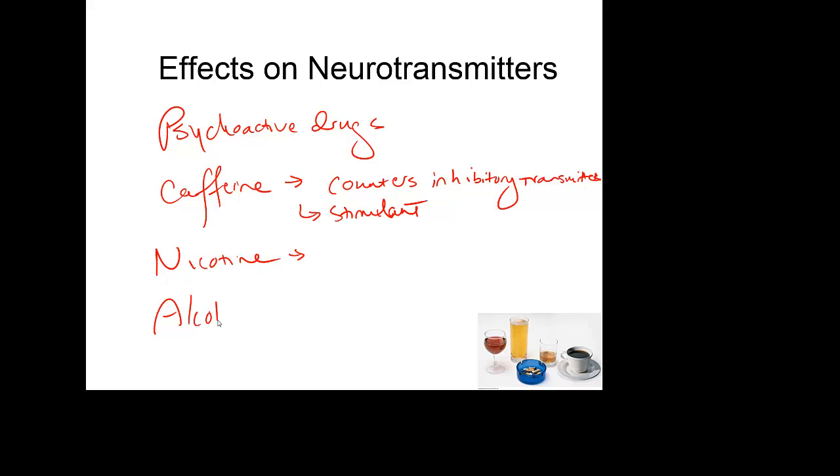Alcohol, however, is a depressant, right? And this will actually increase the inhibitory neurotransmitters. So if you take these things together, you have to keep in mind what's going to happen with your system.